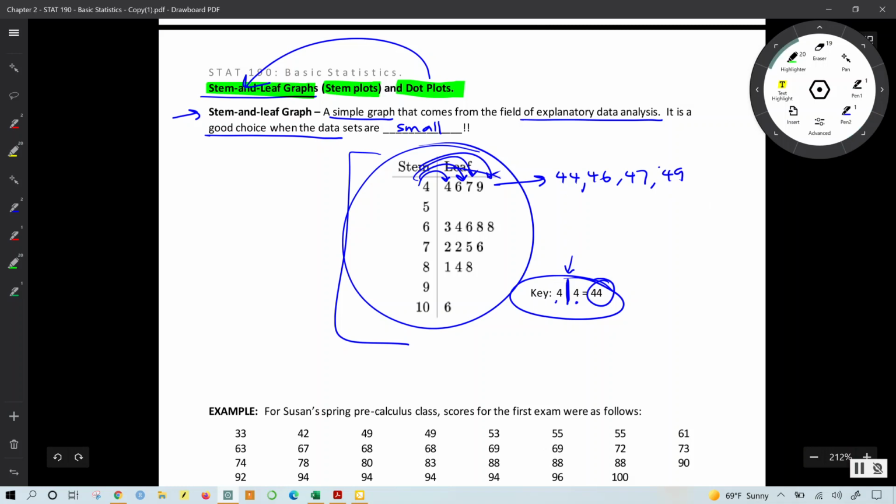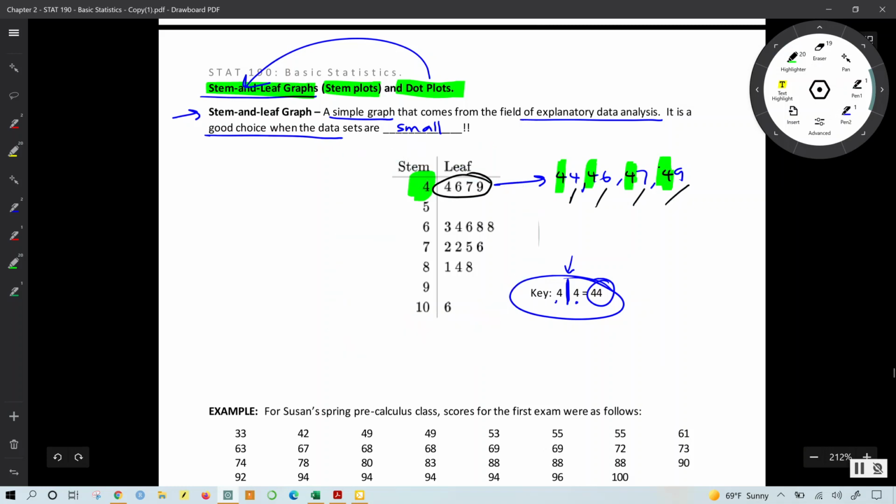It appears the first number was kept stationary and the varying numbers after, 4, 6, 7, and 9, made up the leaf. This is how we generate a stem and leaf plot.